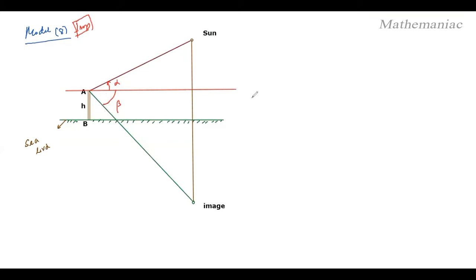After that, I'll be asking what the height of the sun from the surface of the sea will be. Of course, practically it is not a good thing because the sun will be at a very big height, but just to see the problem, we can say it to be a kite also. We can see it to be a bird also. But for example, I just kept it as a sun.